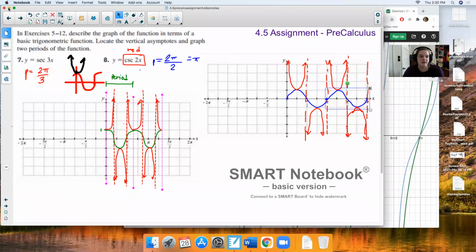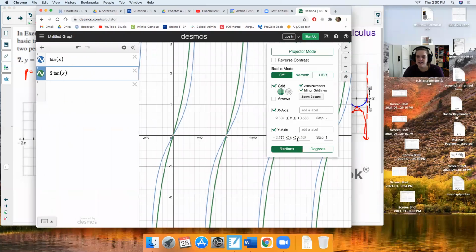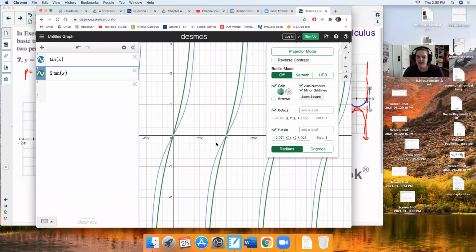So always want to make sure, like I was doing on Desmos here, where you can change your scale. So your x-axis, I usually do -2 pi to 2 pi, and then my step is by pi over 4, just to kind of have it match so that you can see where your pieces can go through.